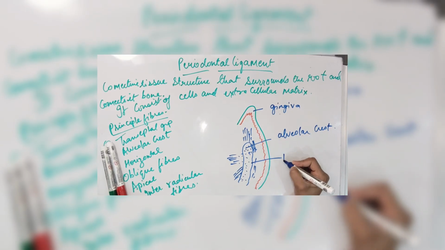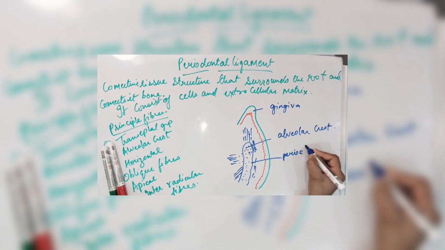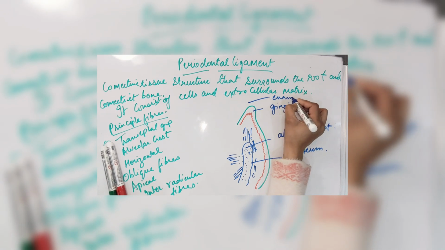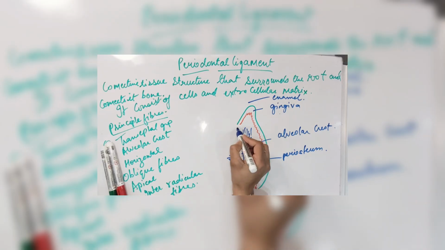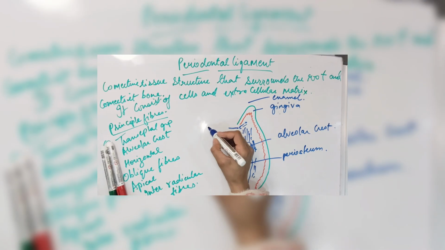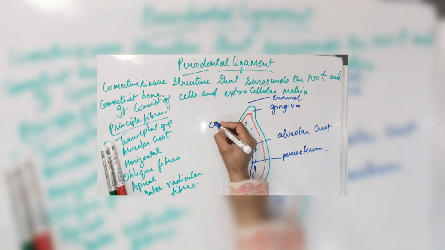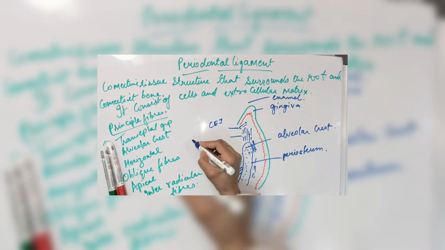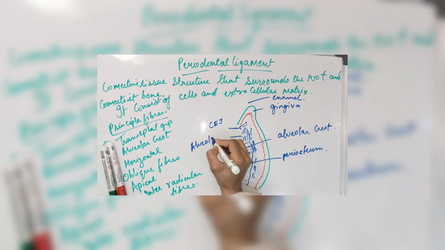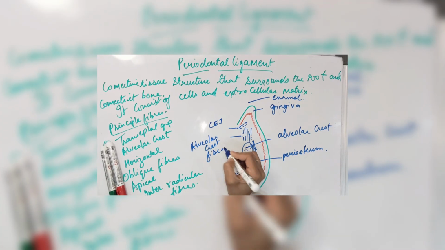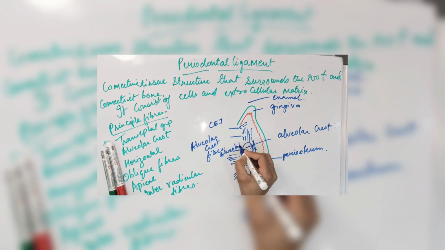Alveolar periosteum. Outermost is enamel. This is here CEJ, cemento-enamel junction. These are alveolar crest fibers. Alveolar bone.